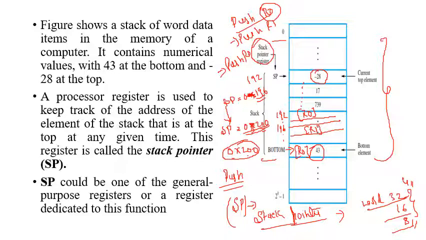Stack pointer keeps on updating, and after this push operation, if you are using the pop R6, the content that is present in the address pointed by stack pointer, for example 192, is retrieved. The topmost, the stack pointer is holding the address 192. The value that is present in address 192 is retrieved back to the R6 register because I have used the register R6 to pop.